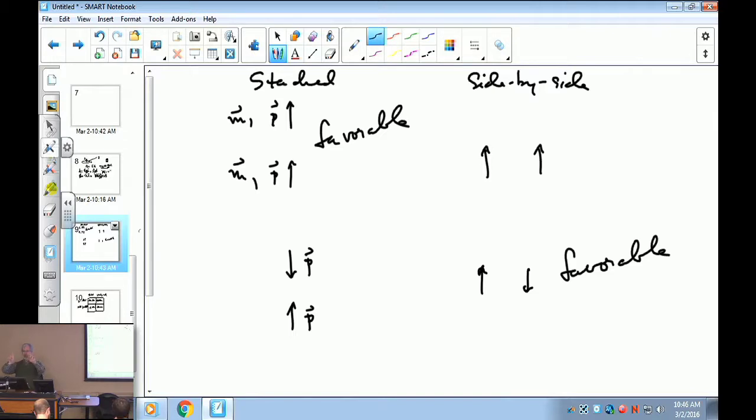Whereas if they're like this, then the north poles are closer together and the south poles are closer together, and that's repulsive. It will push them apart. And the other way, if I stack them like this, the north poles are going to be together. That will be obviously repulsive. If they're side by side, they want to be opposites to each other.